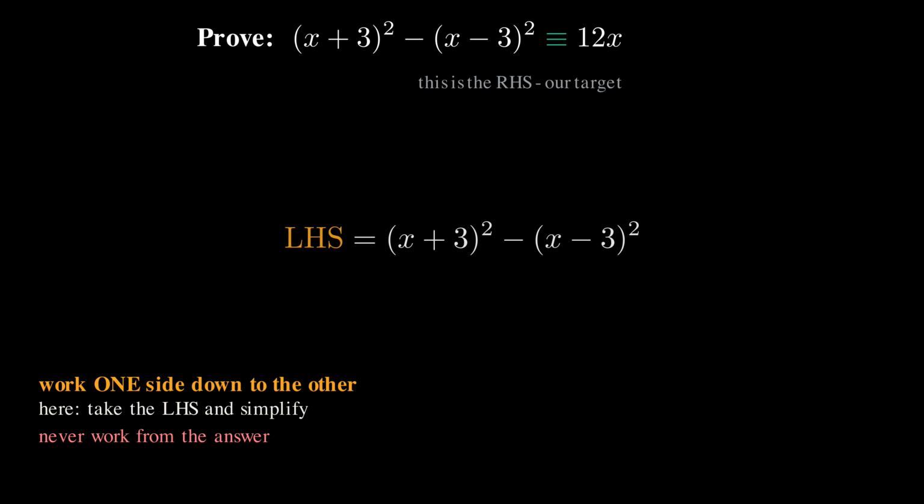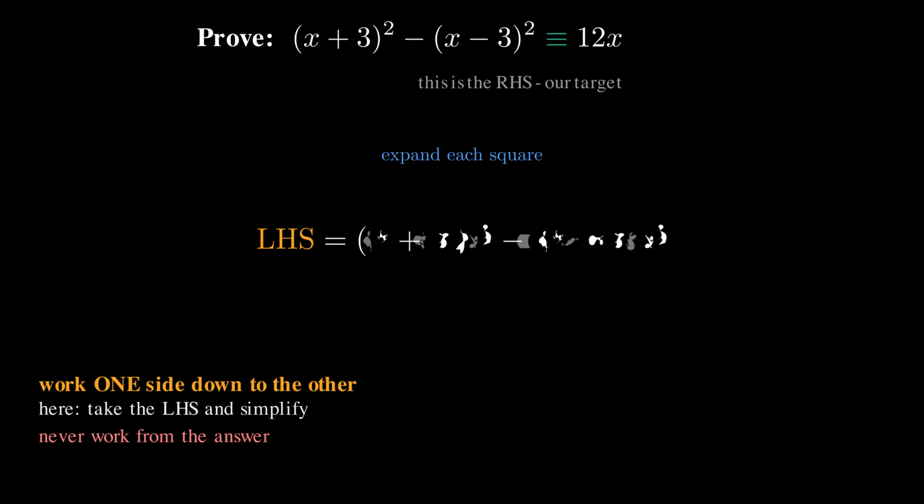We never touch the answer and drag it back. Step 1. Expand each bracket. (x plus 3) squared is x squared plus 6x plus 9. (x minus 3) squared is x squared minus 6x plus 9. Watch the left side morph into its expanded form.